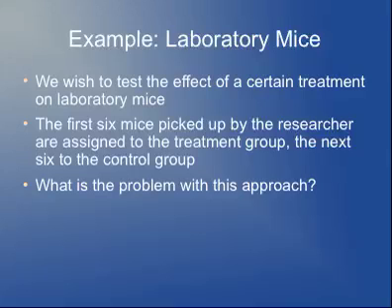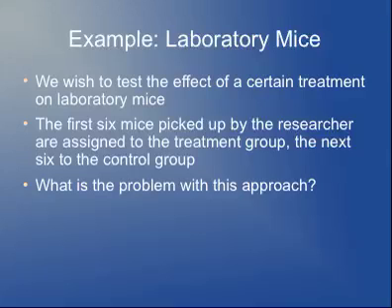Now I'll just consider a couple of case studies where you want to test the effect of a certain treatment on laboratory mice, for instance. Let's say you take the first 6 mice and assign them to your treatment group, the next 6 to the control group.